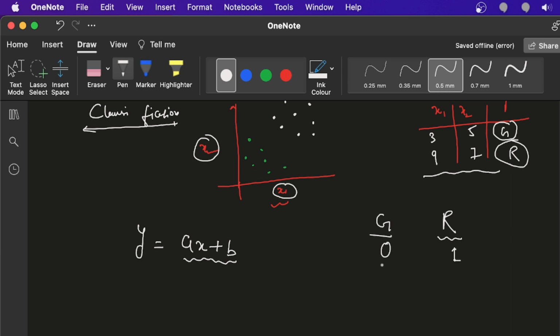When the output is 0, it is supposed to be green, and when the output is 1, it is supposed to be red. Now this is a linear equation. If you plot some input x against y, the graph looks somewhat like that.